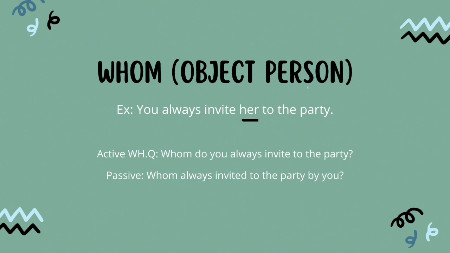Then we change the sentence into an active question: Whom do you always invite to the party? Then we change into passive voice: Whom is always invited to the party by you?